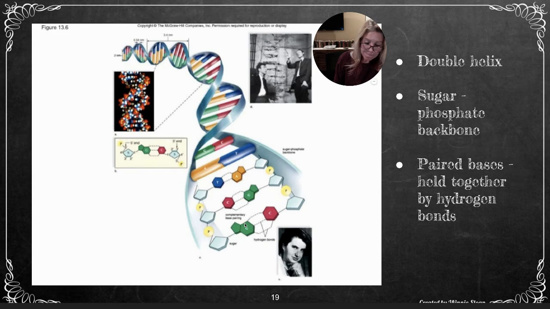And the sides are alternating phosphates and sugars, the sugar-phosphate backbone. And then the rungs of the ladder, you have paired bases. A purine is always with a pyrimidine, right? Adenine and thymine are always together with 2 hydrogen bonds, and guanine and cytosine are always together with 3 hydrogen bonds. If you imagine this as a ladder, the sides are phosphate and sugar, and the rungs of the ladder would be those nitrogenous bases.